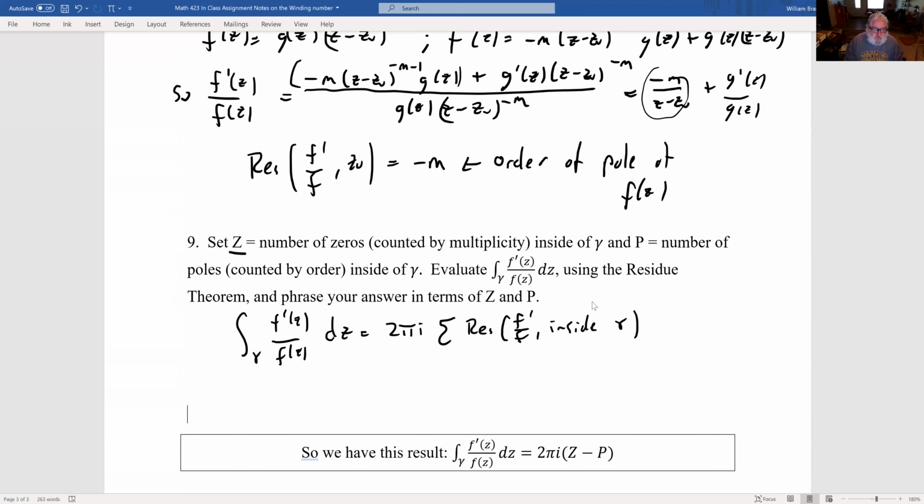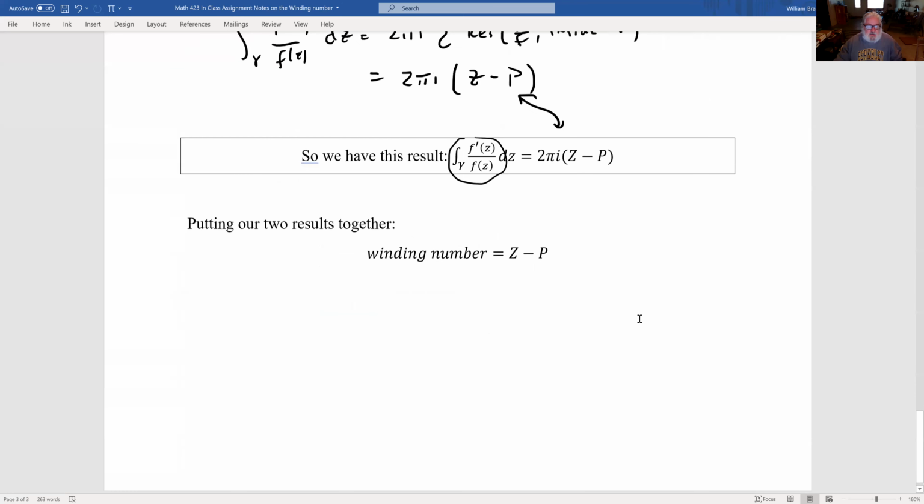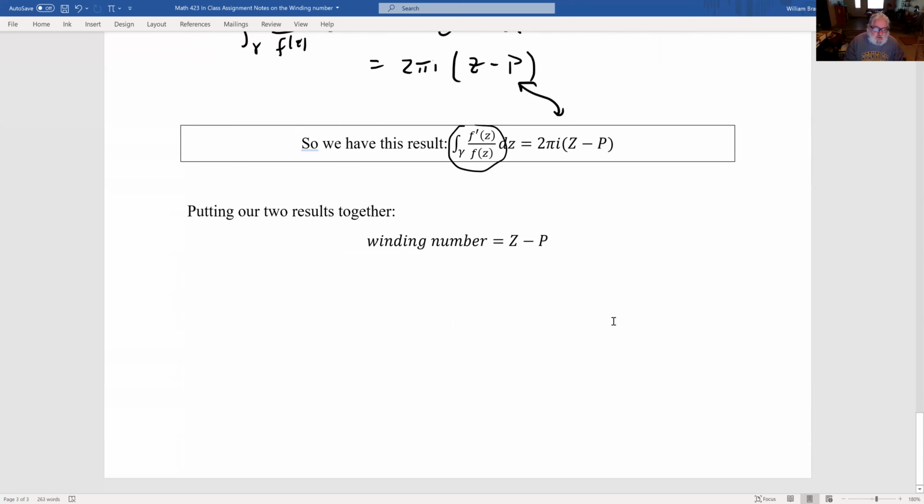But if z is the number of zeros counted by multiplicity inside of gamma, and p is the number of poles, we get this result. So this integral, we found a second way to think about it in terms of zeros and poles. So putting it together, we know that the integral over gamma of f prime of z over f of z dz can be rewritten as 2 pi i times the winding number.